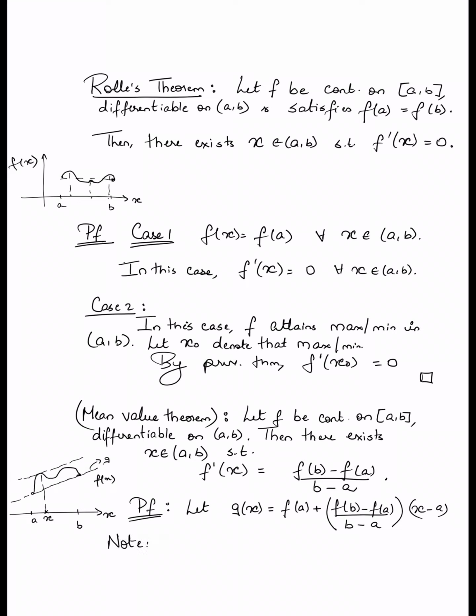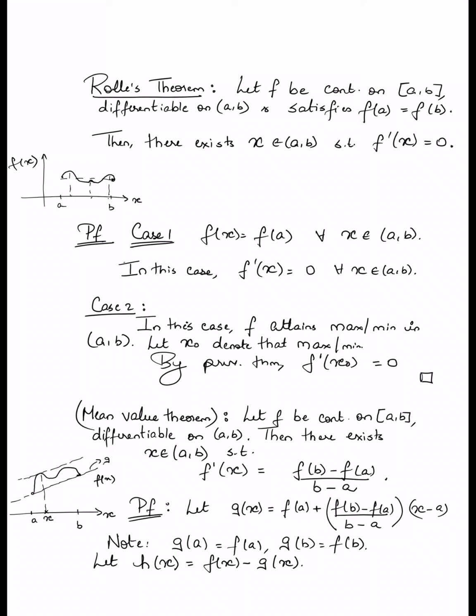And we note that g(a) must be equal to f(a), g(b) must be equal to f(b). Okay, so now what you can do is define the function h(x) as f(x) minus g(x).